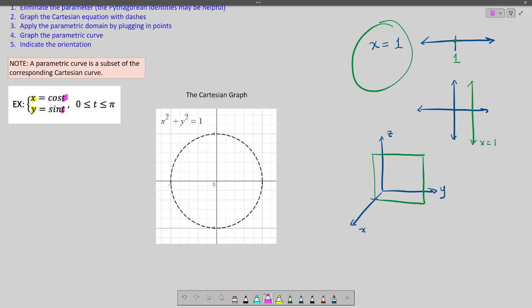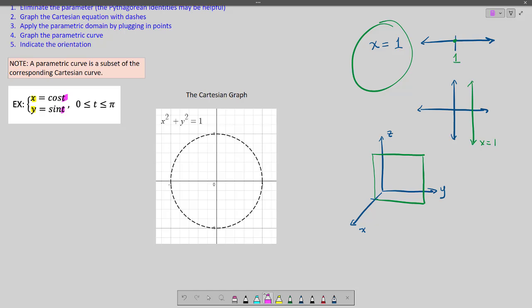And if we were in 3-dimensional space, we would see an x, a y, a z. And if there was only 1 parameter, we would have a curve or a line in 3-dimensional space. And if we had 2 parameters, which you'll do in Calculus 3, you would have a surface in 3-dimensional space. So with parametric equations, the number of equations tells you the ambient space dimension.